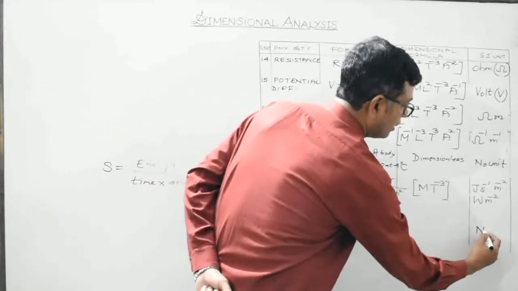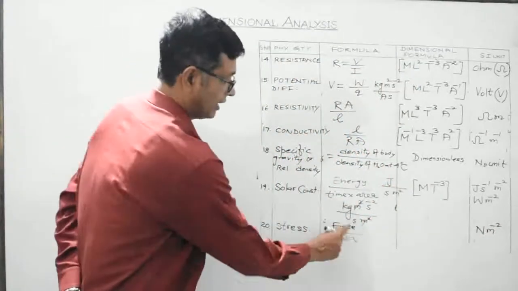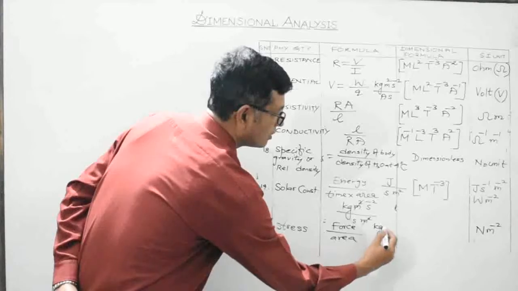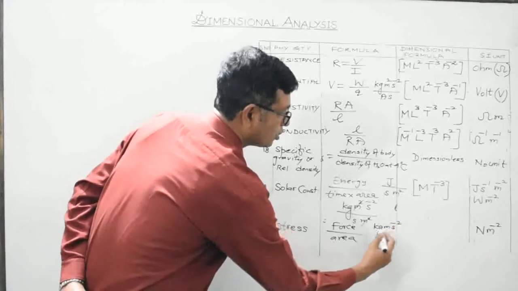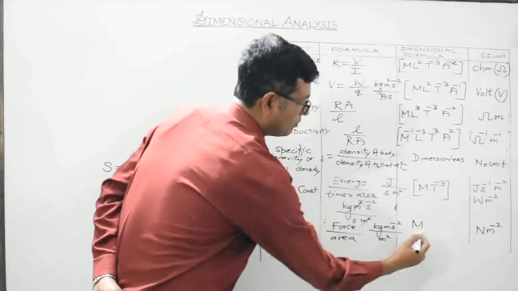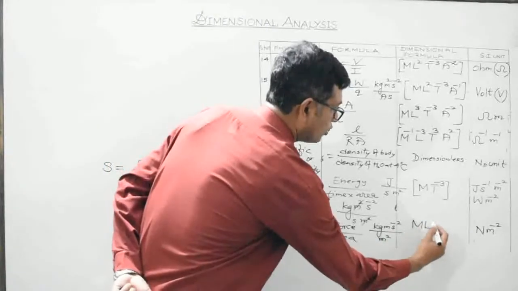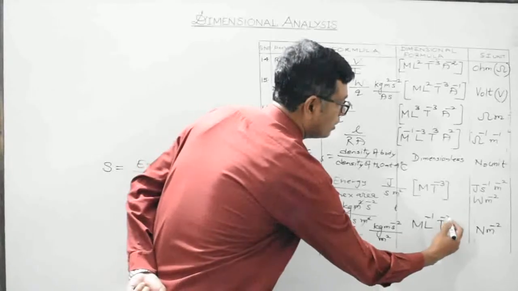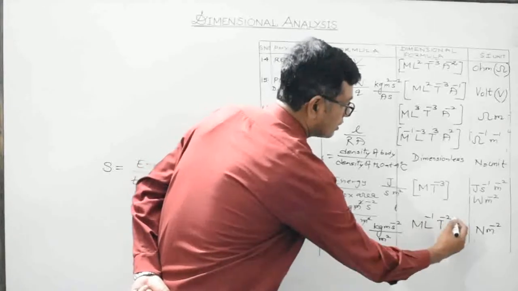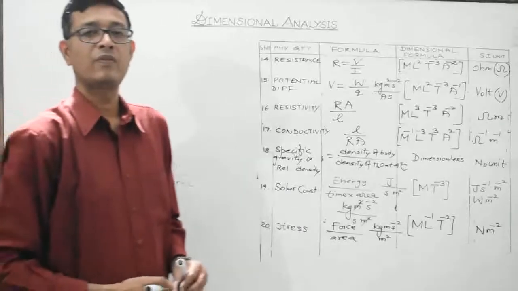So SI unit would be Newton per meter square, right? Dimensional formula: force is kg meter per second square in terms of basic units, area is meter square. So what do you get? M, meter divided by meter square will be left with meter to the power minus 1, that is L to the power minus 1, T to the power minus 2. This is the dimensional formula for stress.